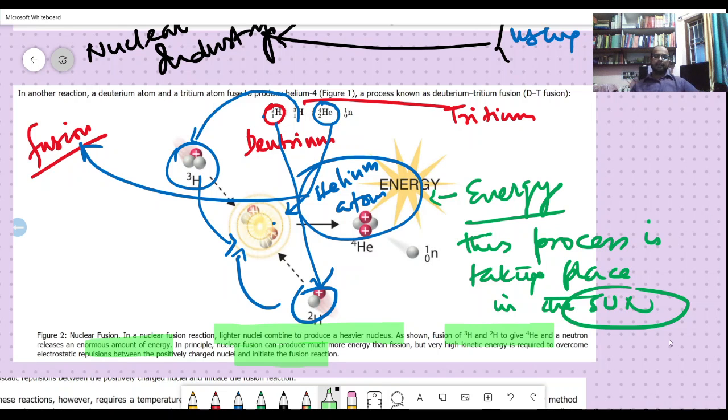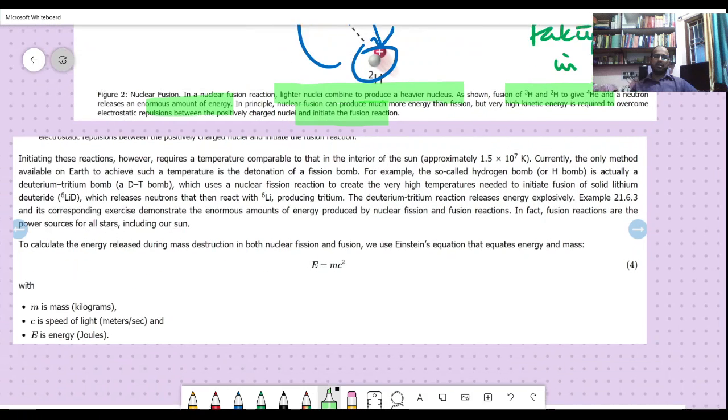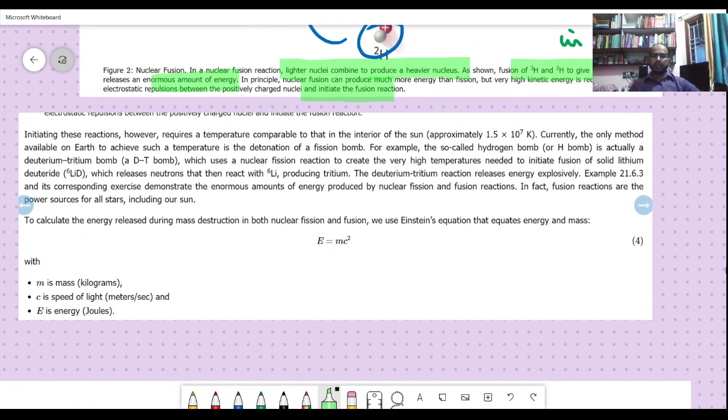Now let us move to the next part of the slide, the origin of this energy. The temperature comparable to the interior of the sun is approximately 1.5 x 10^7 during a reaction. Currently the only method available to reach such a temperature is detonation of a fission bomb.